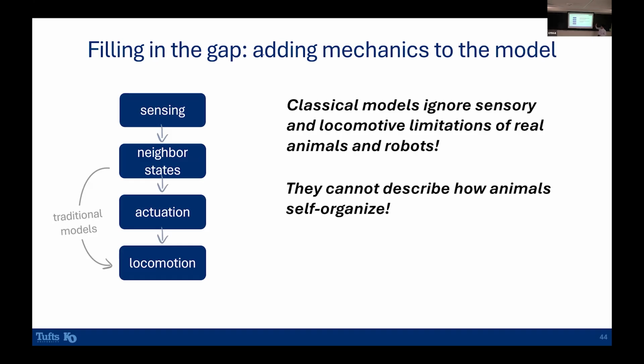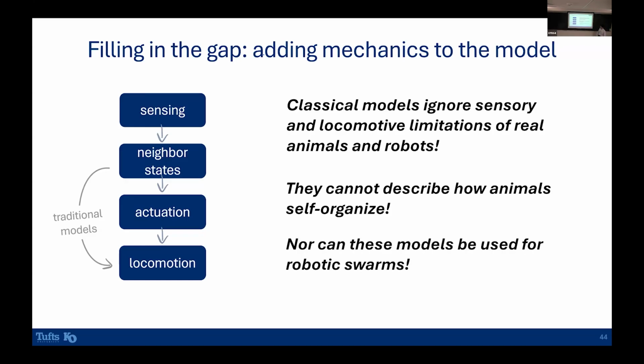So you really need to fill in these mechanics gaps in order to have a comprehensive model that can actually describe biological organisms. And you also need to fill in this gap in order for our robot swarms to be able to self-organize in that way, because they can't necessarily sense neighbors too far away, depending on what kind of sensors you have on board.